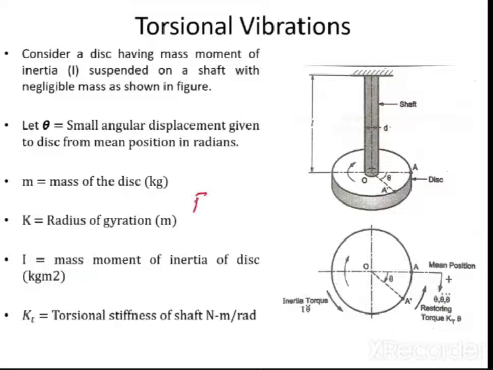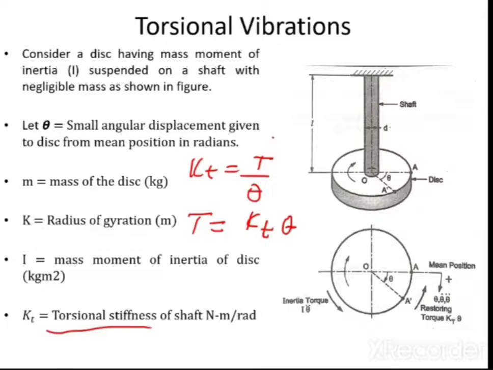You know that F is equal to k into x, so k is equal to F upon x. F is in Newton and x is in meter. Now in the case of the torsional system, the formula is torque T equal to kt into theta. So kt is equal to T upon theta, because whenever you give a small displacement theta, a resulting torque is produced in the disk.